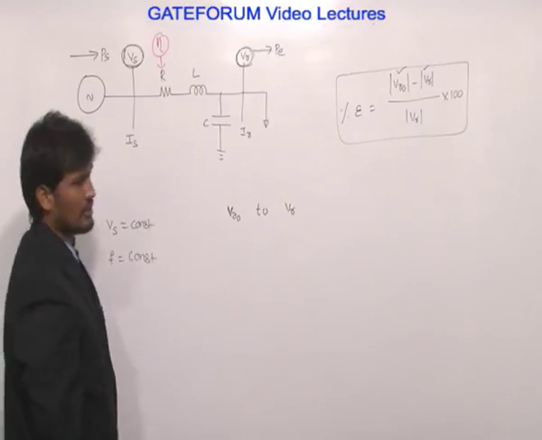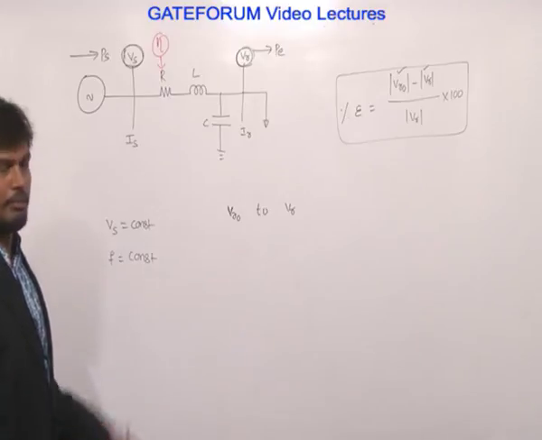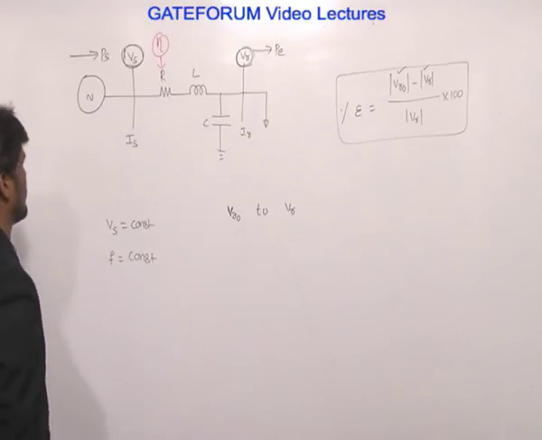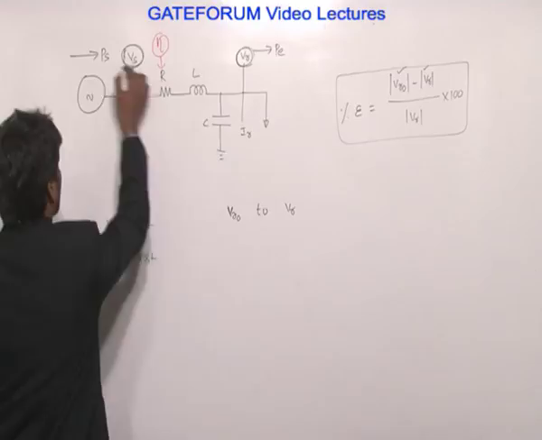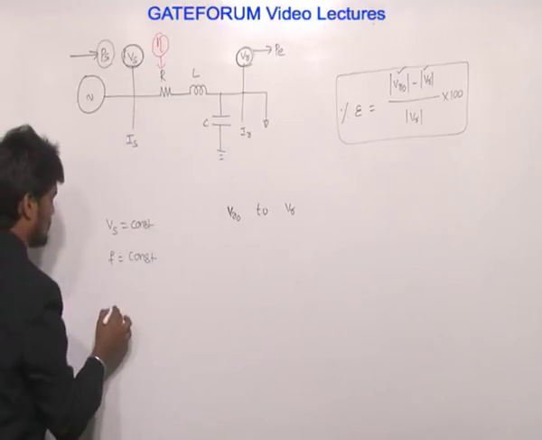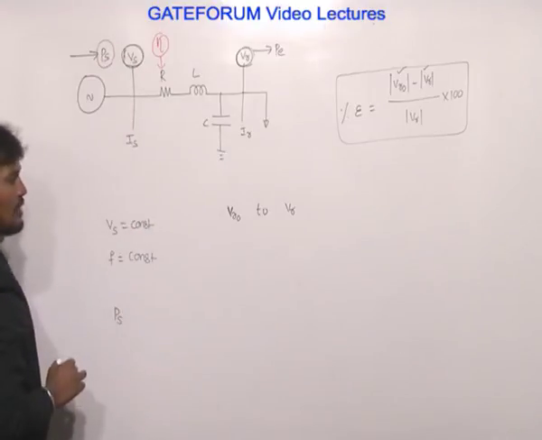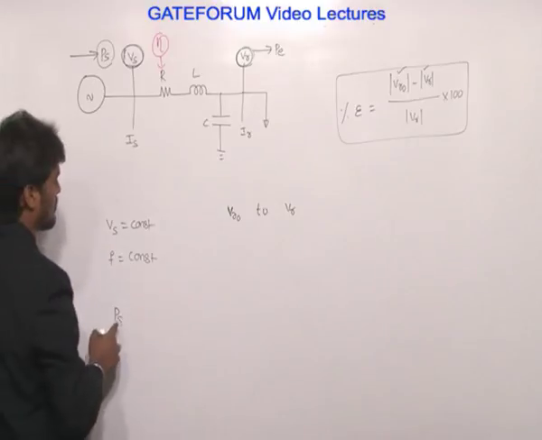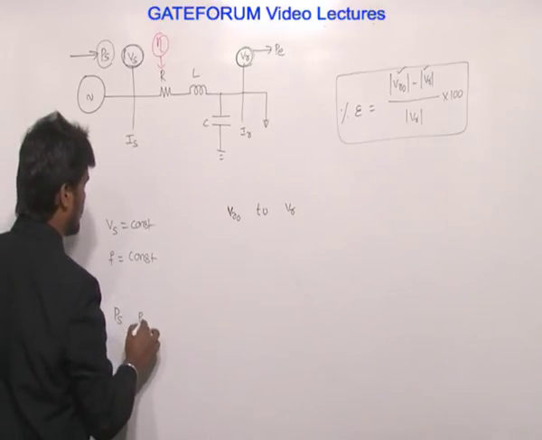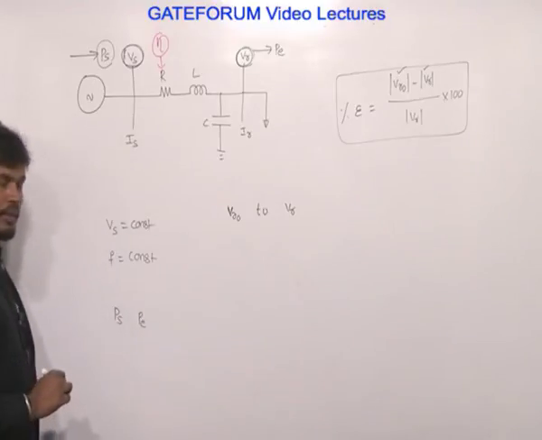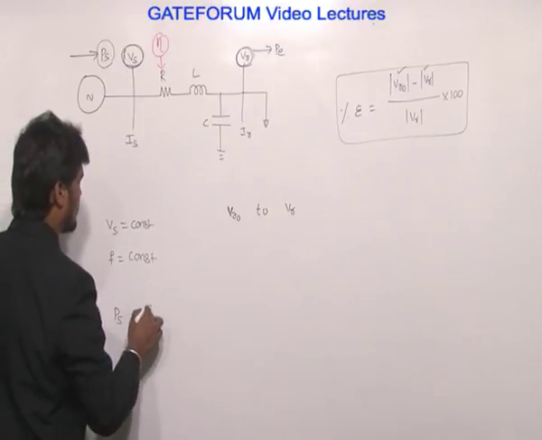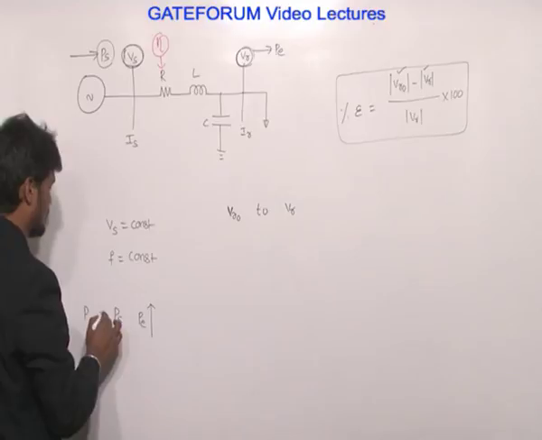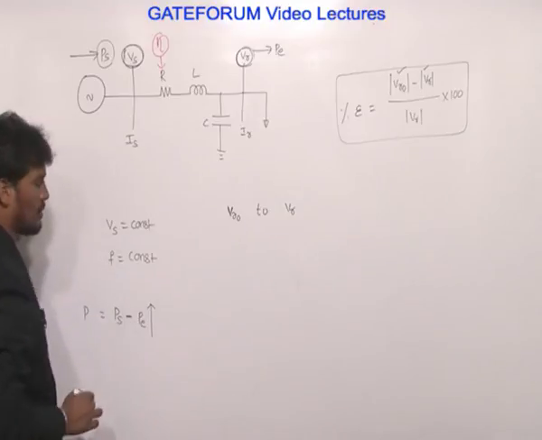Now how these two are maintained constant is an important discussion. Input to the alternator is mechanical power, represented by PS. Output of the system is electrical power. The power loss is P equal to input minus output.